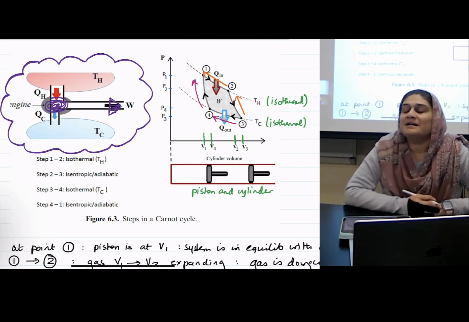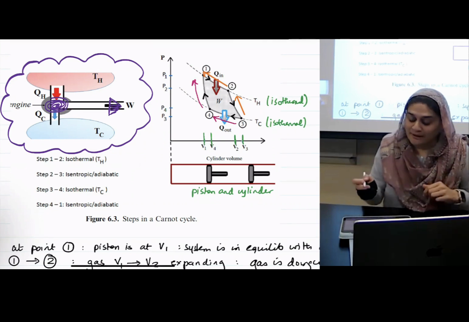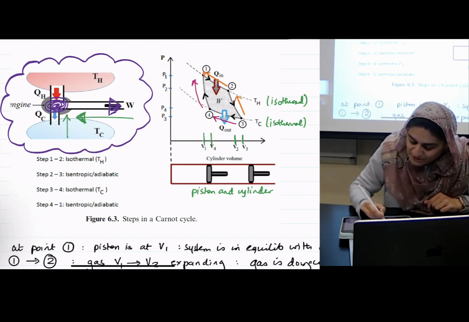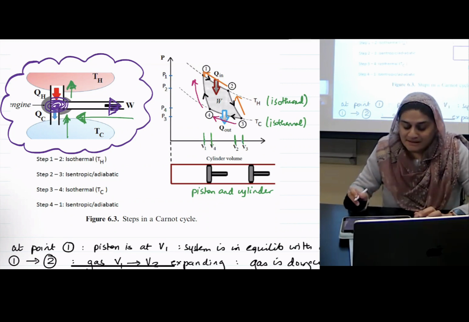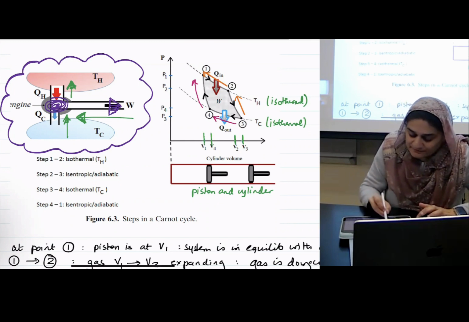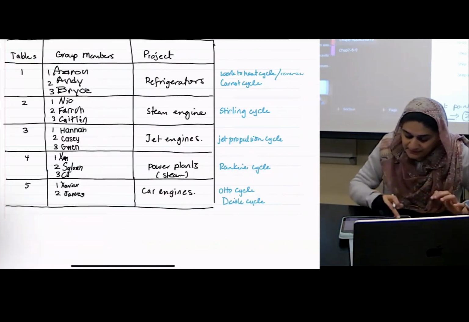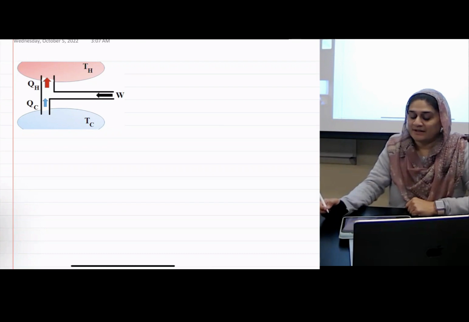What if I wanted heat to go where it doesn't want to go? What do I have to do? Yeah. Put work in. So I have to put work in to make this temperature go that way. Agree? That is the basic principle of our work to heat transfer cycle.